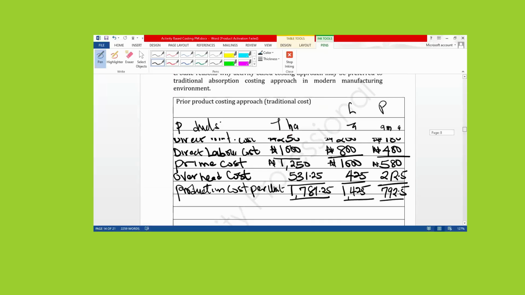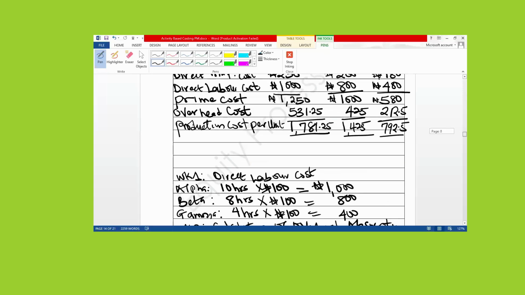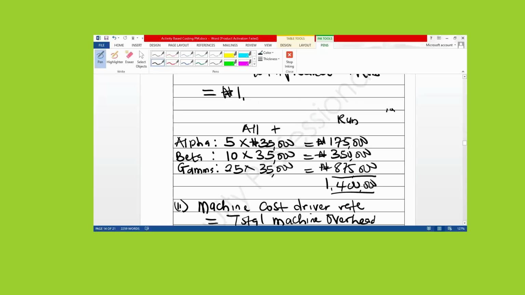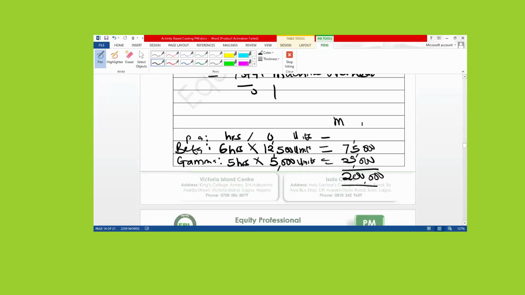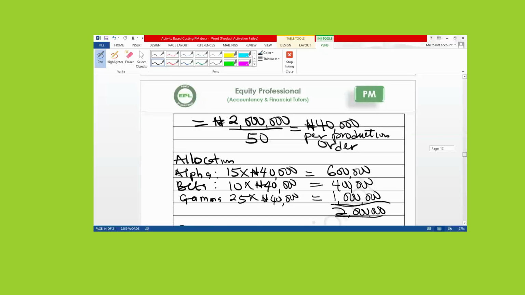Yeah, thank you. This is the traditional cost. 1781.25, 1425 for beta, then 792.5 for gamma. Please just allow me to get to that place.